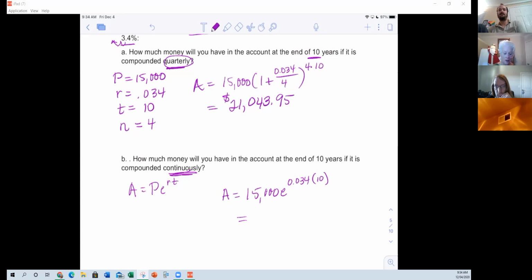It's not going to be a whole lot more because we're not working with that big of numbers, but it should be some more. Now that doesn't seem like a whole lot more, and it's not. But if you were talking about millions or billions, it would be a whole lot.